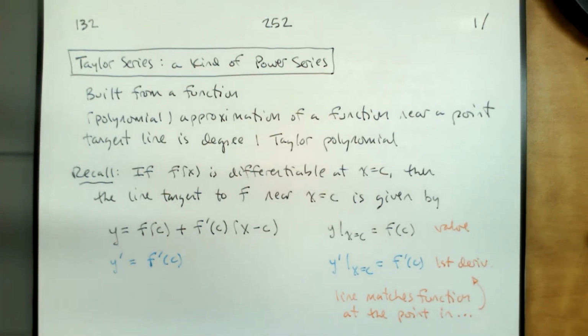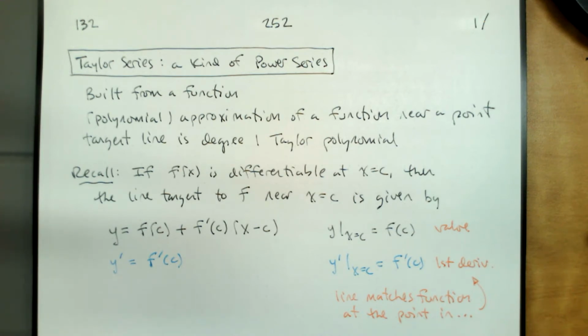That's all a tangent line is. Starting at this point, the line and the function agree on that point. All we take for the tangent line is the direction that the function is headed at that point. So the line matches the function at the point in the value and in the first derivative.